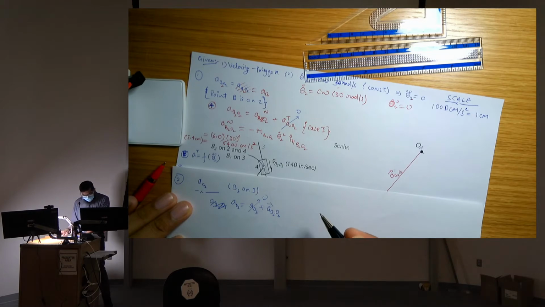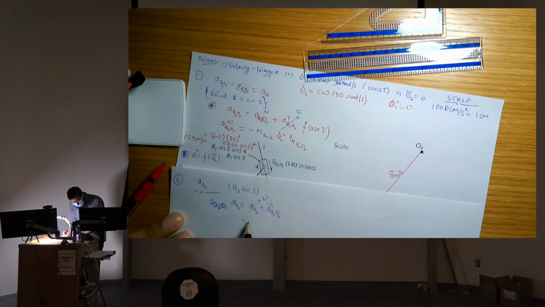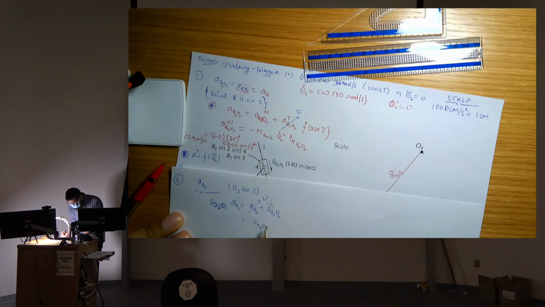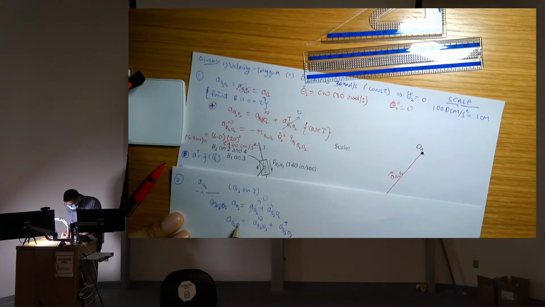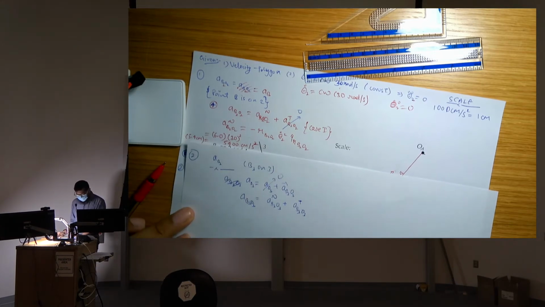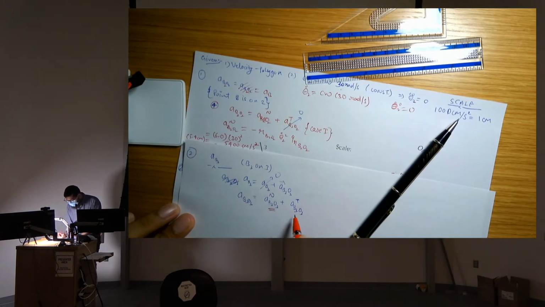So again, this would be which case? Case 1, the two points on the same link. So it would give you a normal component A_B3/O3 normal and a tangential component A_B3/O3 tangential. Okay, now let's focus one by one on the normal and tangential.